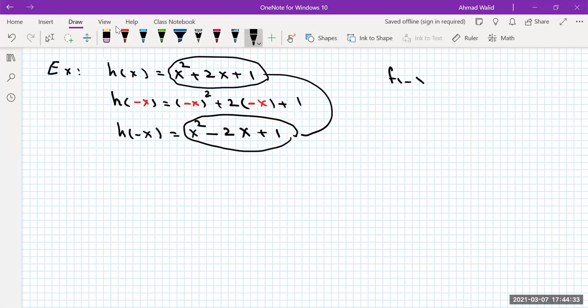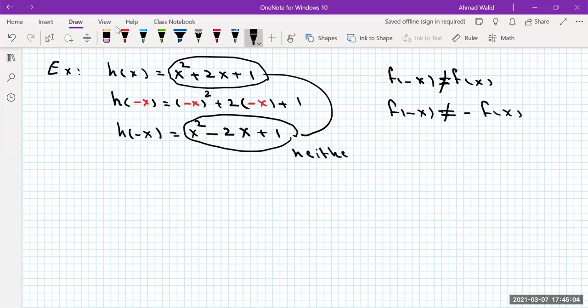F of negative x is not equal to f of x. Also, f of negative x is not equal to the negative f of x. Then what you write here, you write neither.